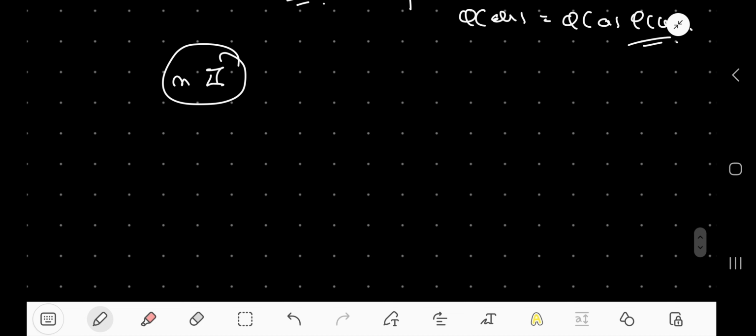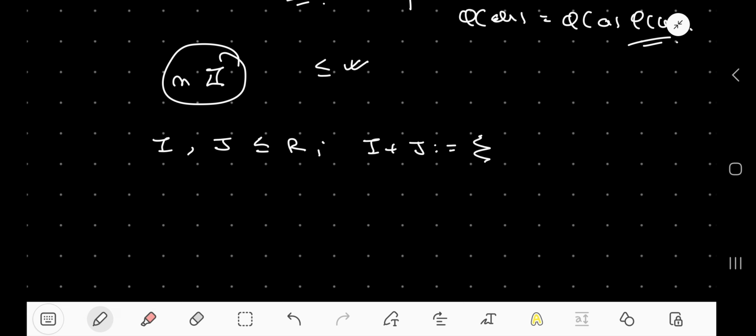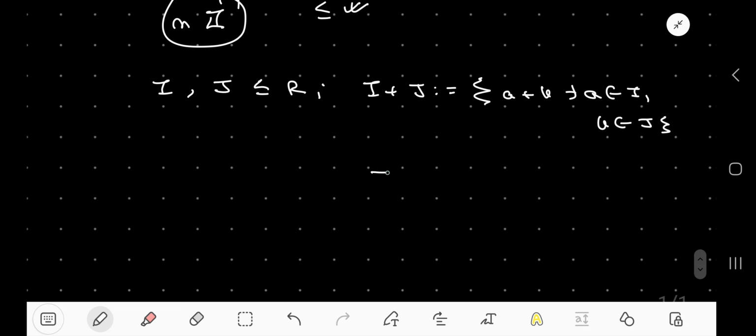Moreover, I can talk about the sum of two ideals and the product of two ideals in this way. Suppose I choose I and J to be ideals of a ring, then I can define I plus J to be the sum of the elements individually in I and J. So I can talk about this as a plus b such that a is in I and b is in J. Then I can talk about the product of two ideals, but here the definition is not as intuitive as it seems to be.